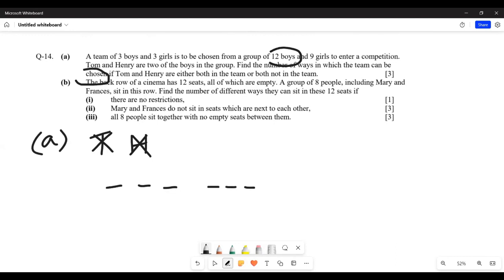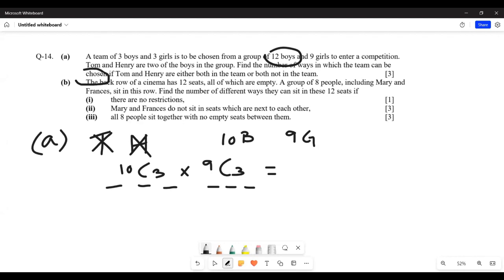And there were 12 boys, now 2 are out, so there are 10 boys, and the girls are the same, 9 girls. So we have to choose these. So we're going to write 10 boys, 3 to be chosen, so 10C3, times 9 girls, 3 to be chosen, 9C3. Whatever the answer is.